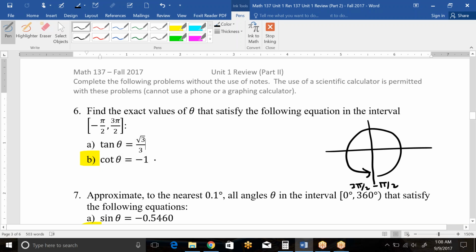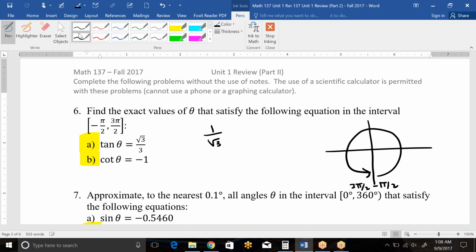So when we say cotangent equals negative 1, so I'm going to do this one. Cotangent equals negative 1, we have to look at, and I don't think I did tangent. Let's go ahead and add both of them, sorry. Let's do tangent of theta equals square root of 3 over 3. So that happens when, if we draw that, that was actually a 1 over the square root of 3.